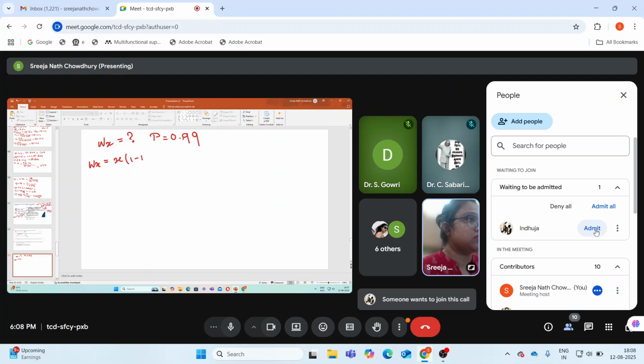So going back to the problem, here the degree of polymerization is not mentioned. So can you tell me how you can confirm what the degree of polymerization is? Clearly it is not mentioned, but the degree of polymerization is given in the system. Can you tell me what the degree of polymerization of the system is?